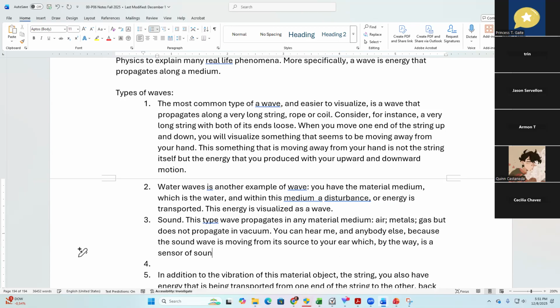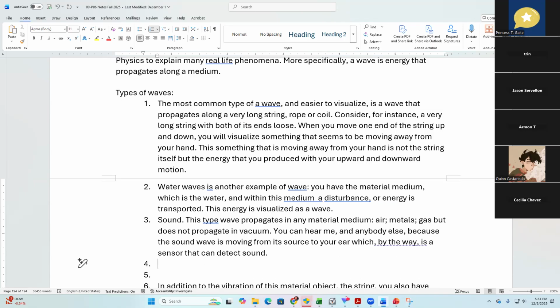It's a sensor that can detect sound. Have you ever heard the word sensor? The ear is a sensor that can detect sound.